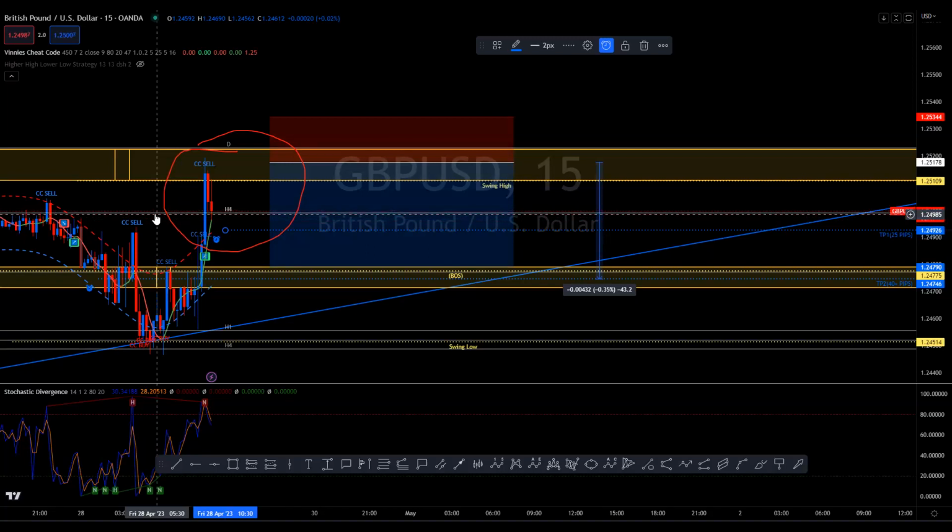Got about 50-some seconds left before the next close. I'm about to trail the stop loss now.